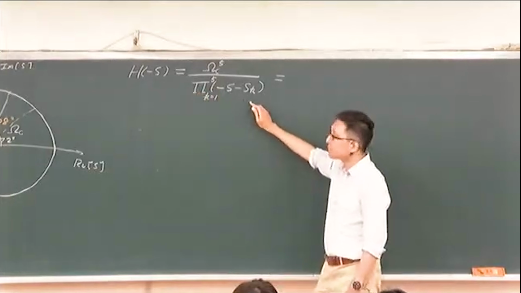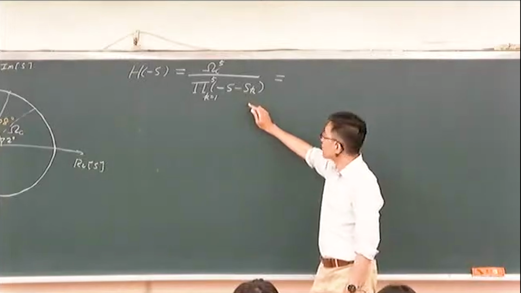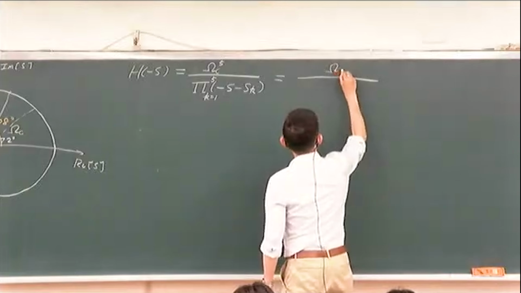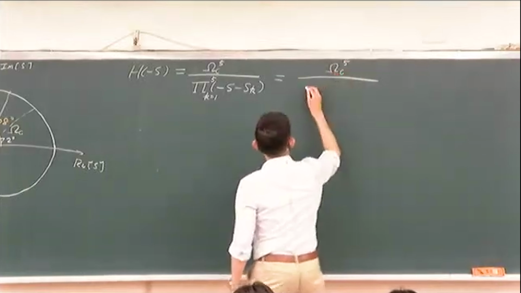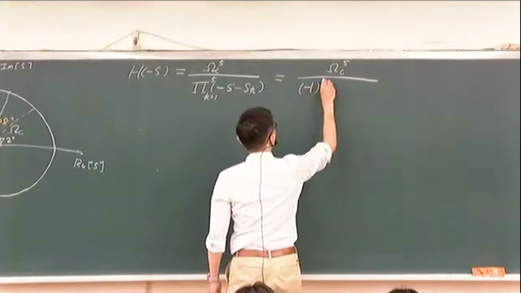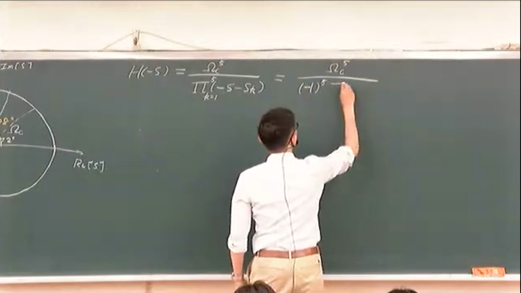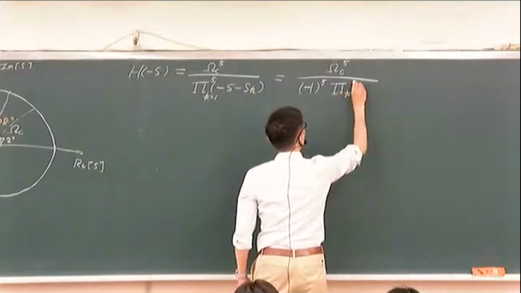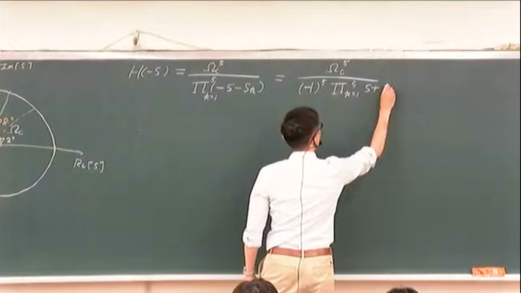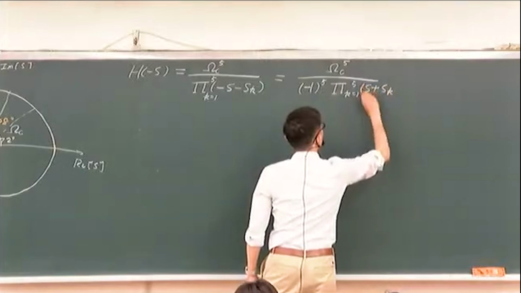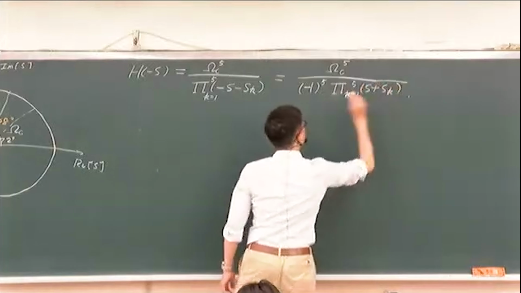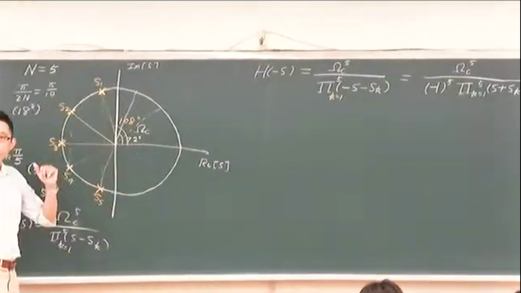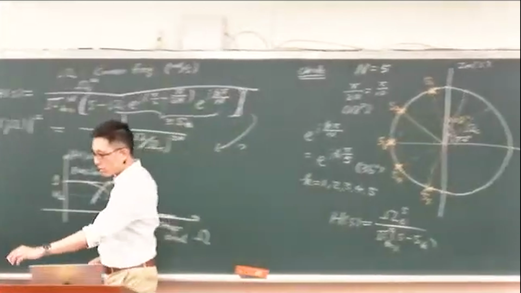Can we do that? So in this case, what I'm going to do is keep the top part, but create minus 1 to the 5th power, and then inside the product, still going from 1 to 5, it becomes S plus SK. Right? Just moving that minus 1 to the outside.